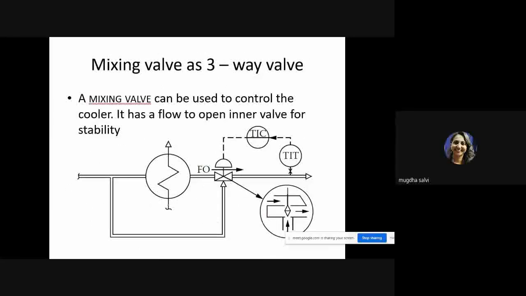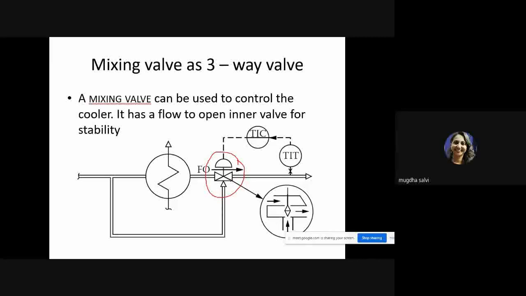Now in this situation, what is happening? I have placed the three-way valve at the outlet, and when it is in normal control situation, the flow is flowing normally in this direction as the arrow shows.